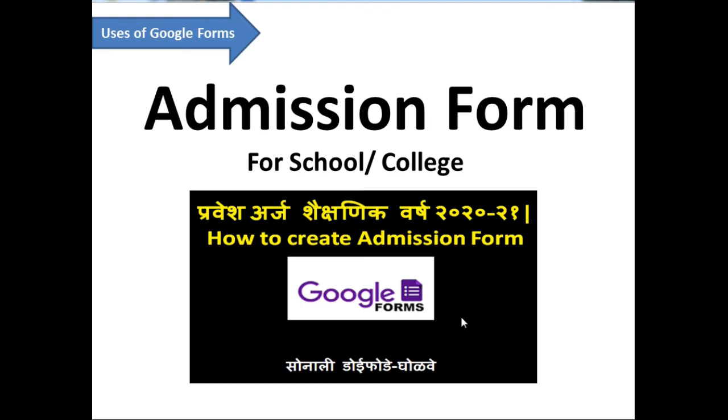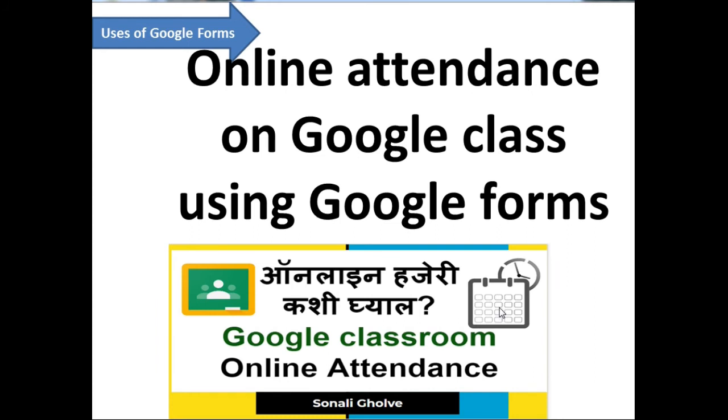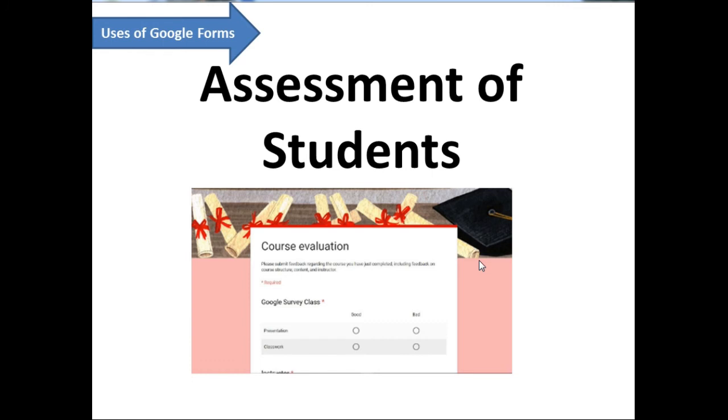You can create admission forms with the help of Google Forms. You can take online attendance on Google Classroom with the help of Google Forms. Just create the Google Form and paste the link in Google Classroom. You can do the assessment of the students with the help of Google Forms. For this, you can use the ready-made template.